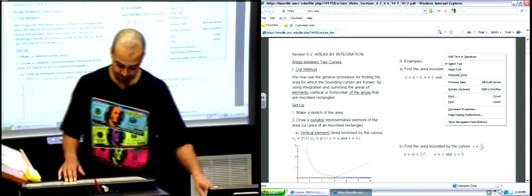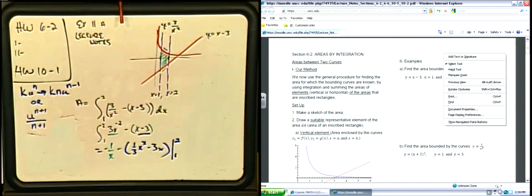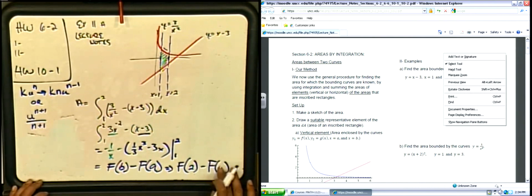Once you get the antiderivative of the two functions, all you want to do is plug in the upper limit minus the lower limit, F of b minus F of a, which is F of 2 minus F of 1.